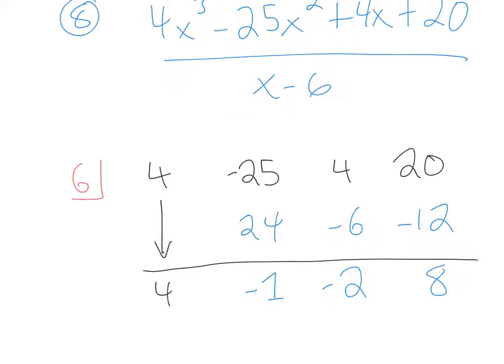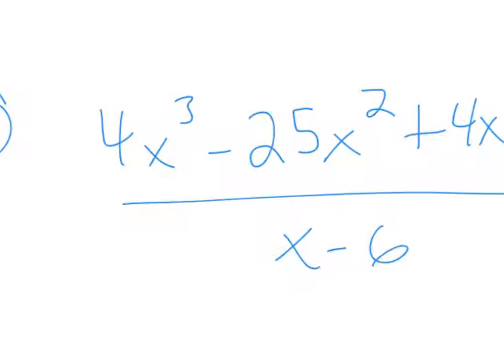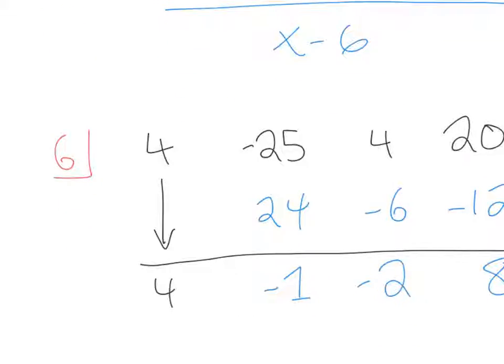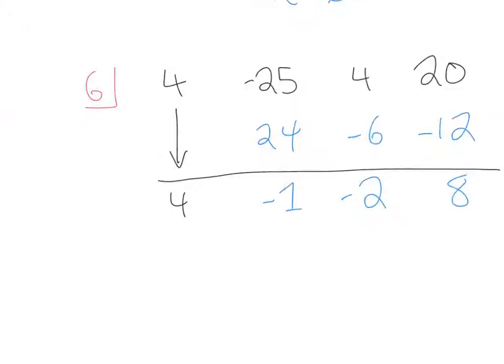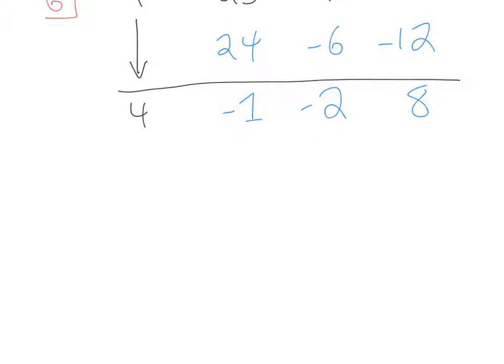We went from a degree 3 polynomial, dividing it by a degree 1, so you can imagine you're going to knock off a degree, drop down a degree. So you could write this as 4x squared minus 1x minus 2, and then this time we actually have a remainder of 8.